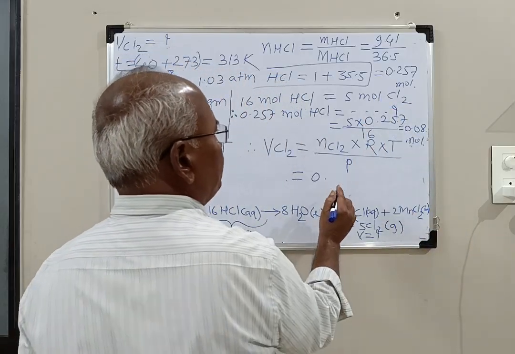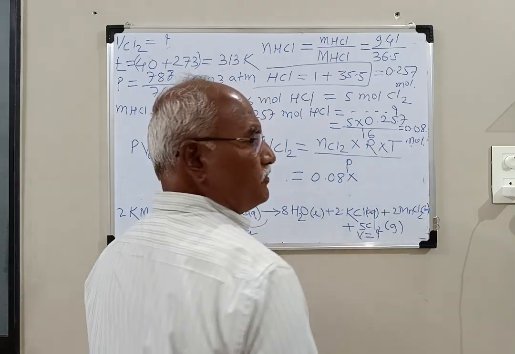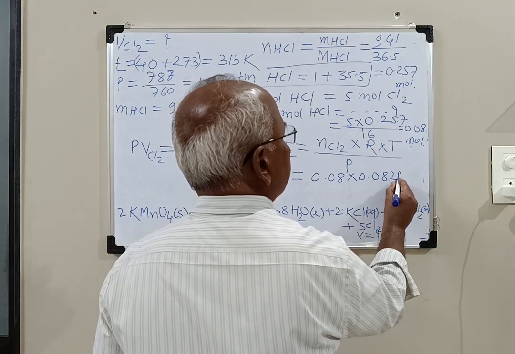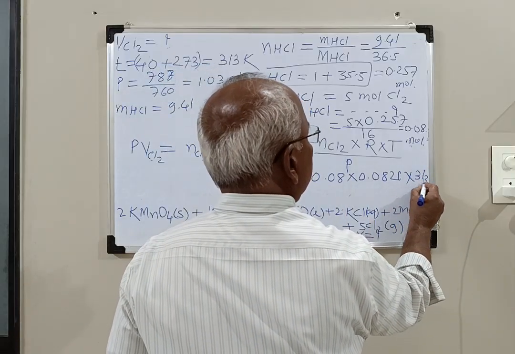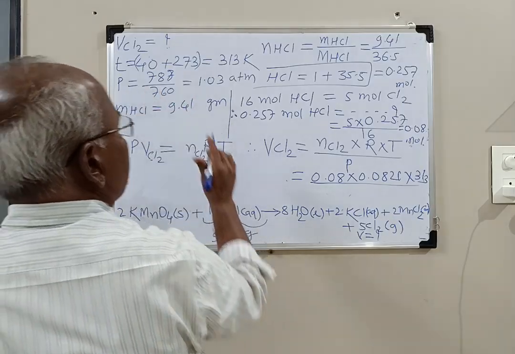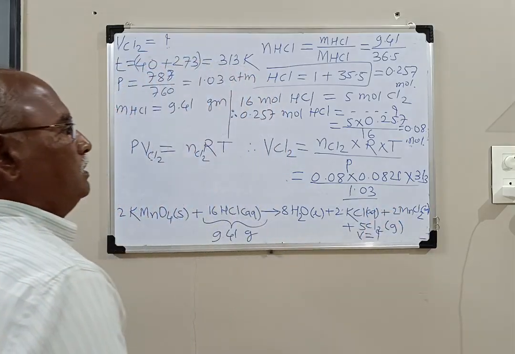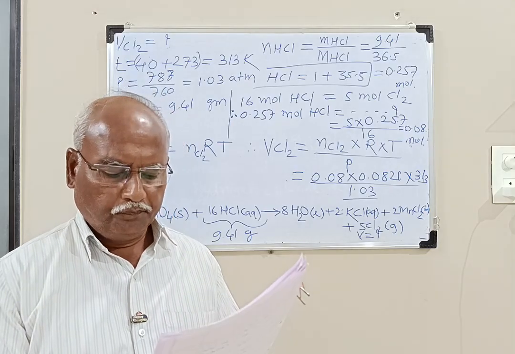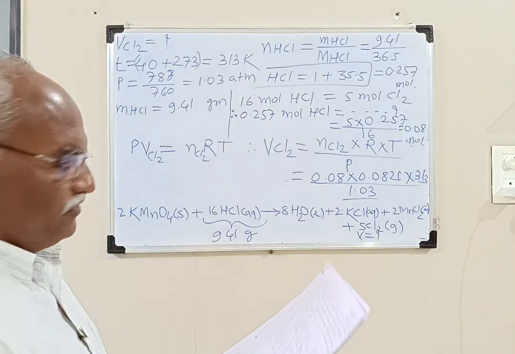So moles of Cl2 is 0.08 into R, fixed value 0.0821, into temperature 313 divided by pressure P, which is 1.03. Make these calculations by using a calculator and find out the answer.